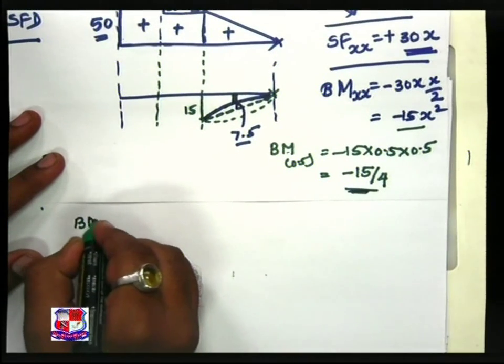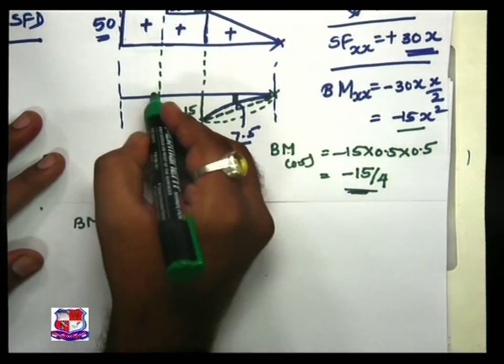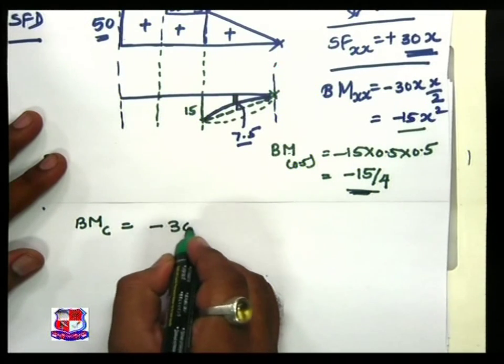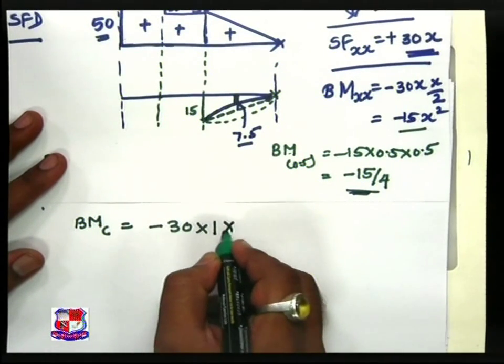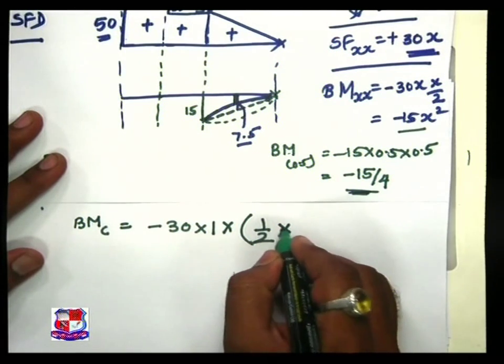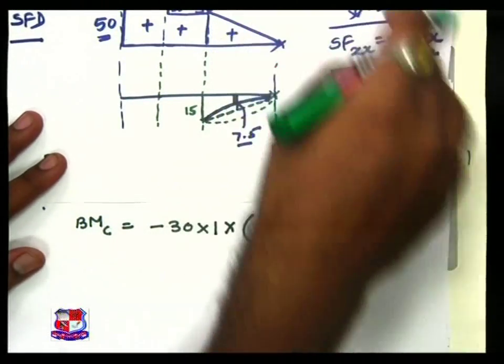Bending moment at C, at this section over here, is equal to minus 30 into 1 into, the distance is half, plus 0.5.